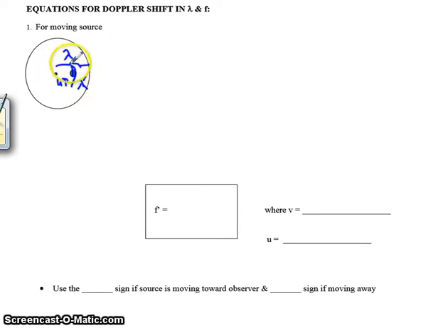So we can see there's a very simple relationship between the original wavelength, the new wavelength, and how fast the object is moving. So we can write that as lambda prime equals the original lambda minus u, the speed of the object, times the period of the wave.